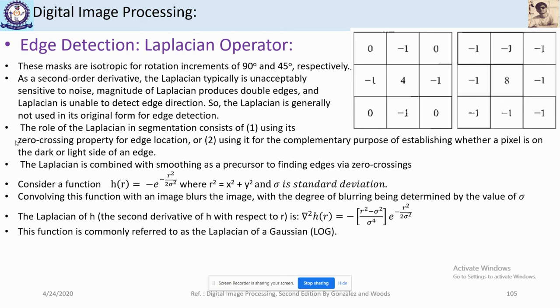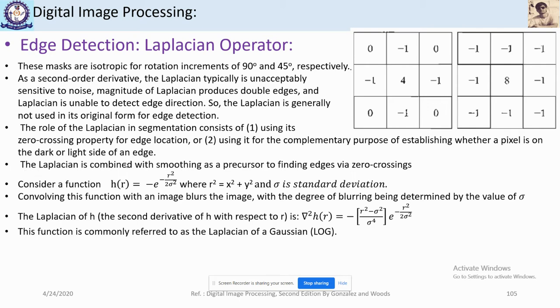So we can identify the zero crossing of the edge by using the Laplacian operator or the second order derivative, or use it for the complementary purpose of establishing whether a pixel is on the dark side or light side of an edge. So this is how we use the Laplacian operator in image edge detection.